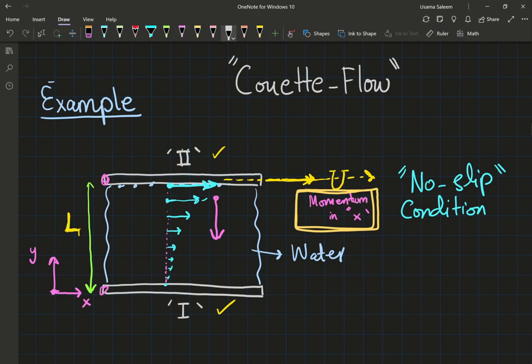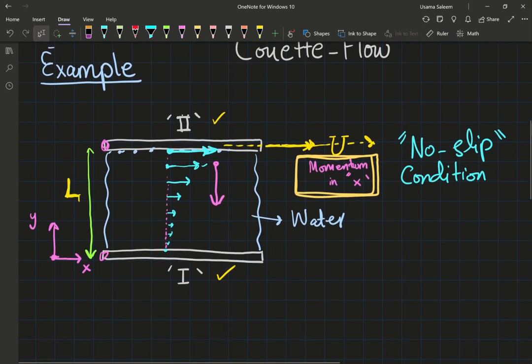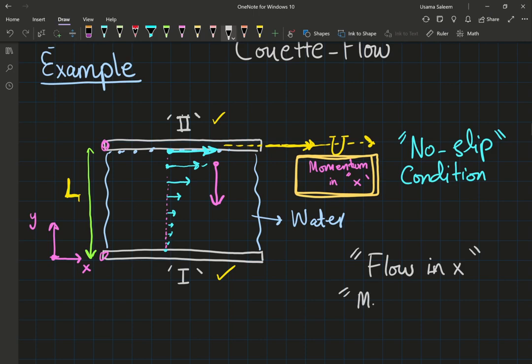Okay, what can we distill from this? Flow in x, momentum transfer, I'm just going to call that m transfer, momentum, not to be confused with mass, in y. Do you see that?